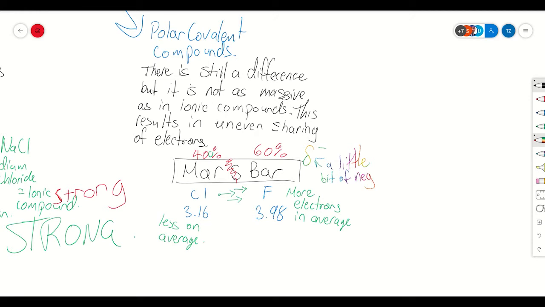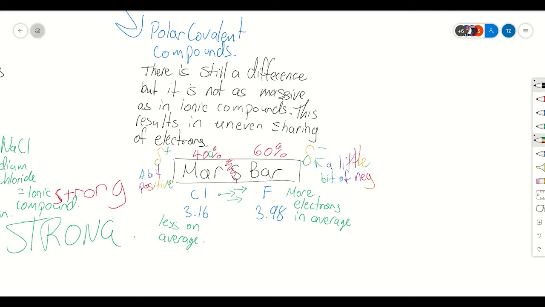And what about the chlorine side? A little bit of positive, good. So it's not as much of an optimist, but he's still pretty happy about it. So he's happy to have lost a little bit overall. So that's the first part there.